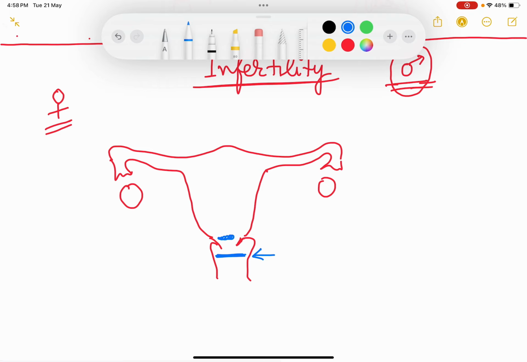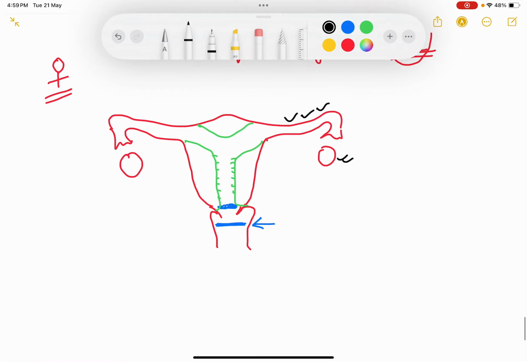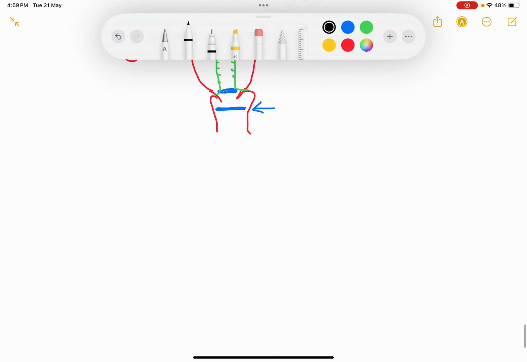Then there can be defect at the level of the cervix. There can be defect in the endometrium. So, endometrial lining defect can be there, which will not help in implantation of the fetus. Then there can be defect in the fallopian tubes, and finally there can be anovulation, that is ovulatory defect. So, these are the various levels at which female infertility can occur.